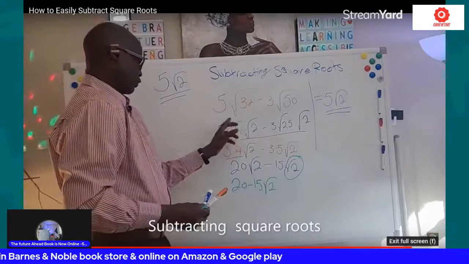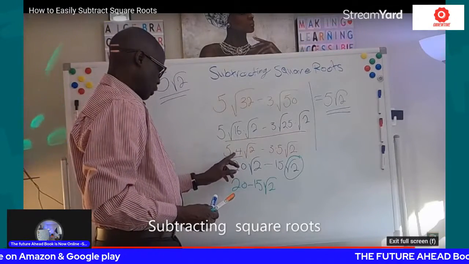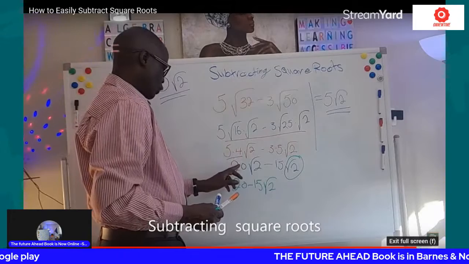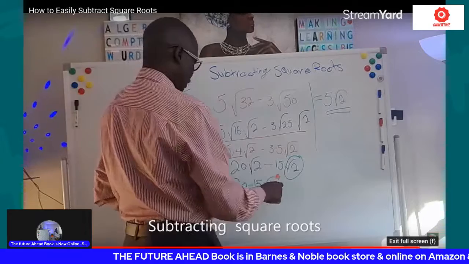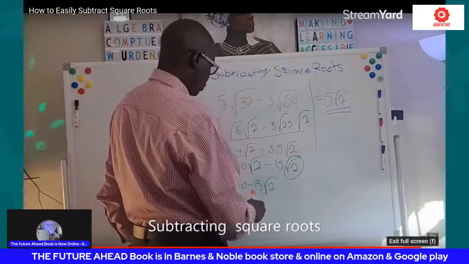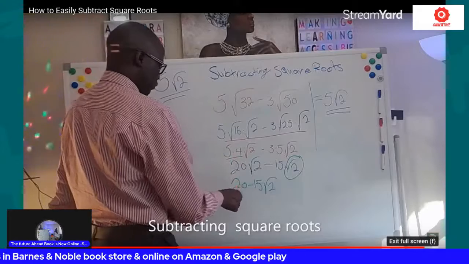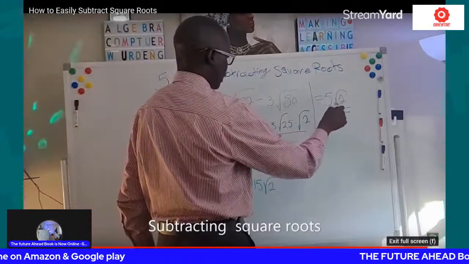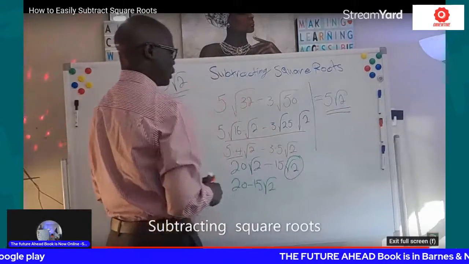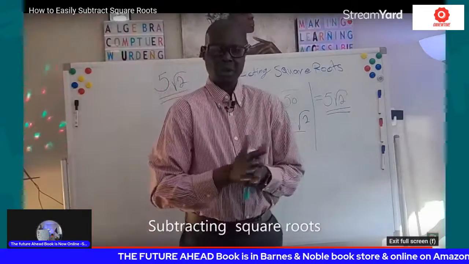And we take 16 out and we have 5 times 4 equals 20 times the square root of 2 minus 15 times the square root of 2. We subtract 15 from 20, we are left with 5, and that's why it's equal to 5 times the square root of 2.